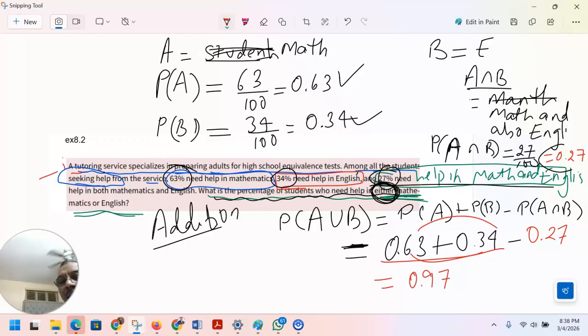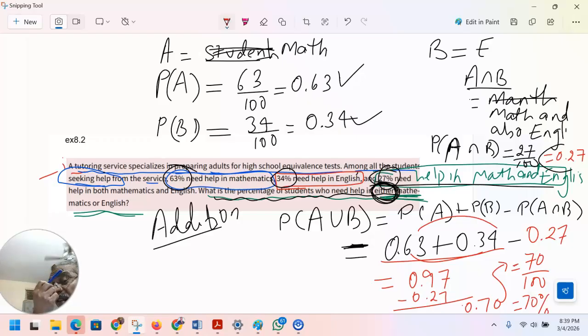And you subtract this 0.27, and you end up getting 0.70. And what does 0.70 basically mean? You multiply by 100, it means it is 70 out of 100. It means it is 70%. You're done.